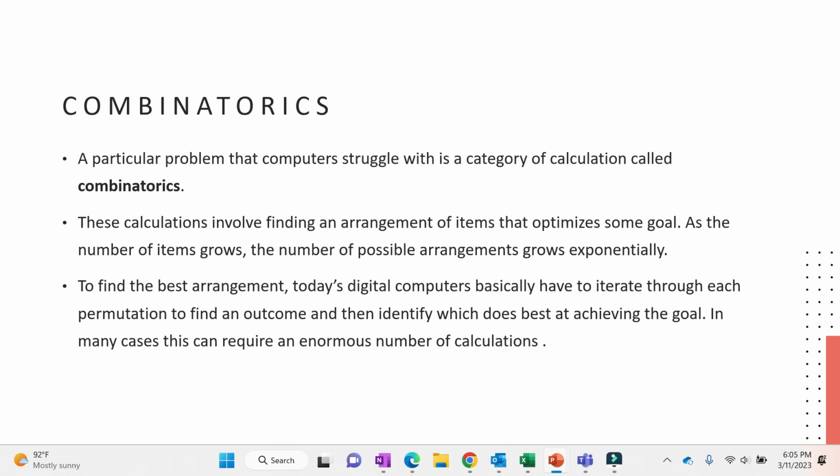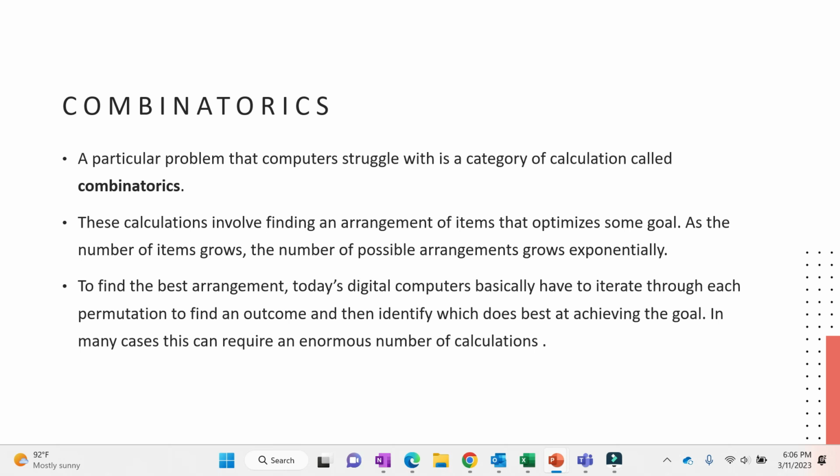As the number of items grows, the number of arrangements keeps growing. This is a simplistic example, but if there is a destination we want to go to, and there are n number of paths to reach there, as the number of paths increases, say to billions of paths, it becomes very complicated even for a supercomputer to calculate the different permutations and combinations.